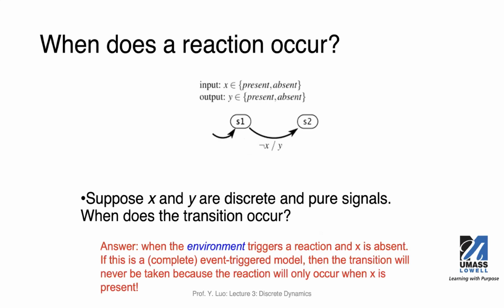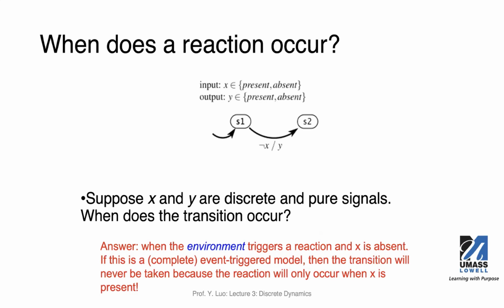So I think this is a little bit tricky to understand if you just look at this finite state machine. Because the way we design this state machine, we use the event-triggered model. And in particular, in this example, we are saying that the condition will be X is absent. In this case, because the input signal is absent, this reaction will not be triggered, will not occur.